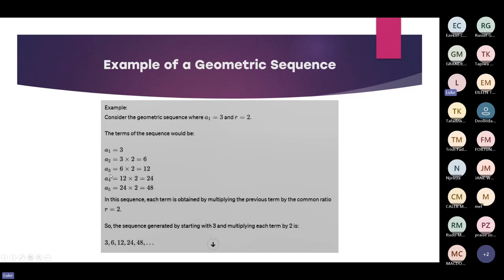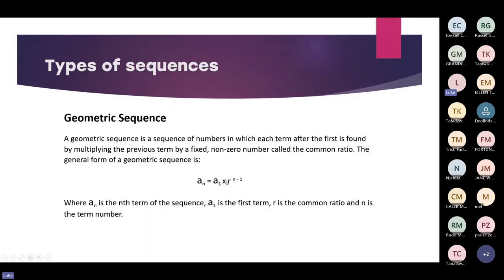Now remember that on a3 it is now the 6 that is going to be multiplied by 2 to give us a 12, because every term that we have is multiplied by the common ratio, which is 2. So every next item is going to increase with the common ratio, because according to our formula we are multiplying by the ratio.